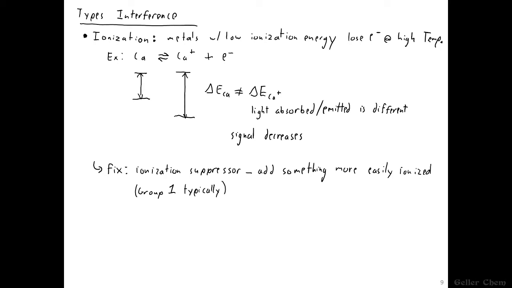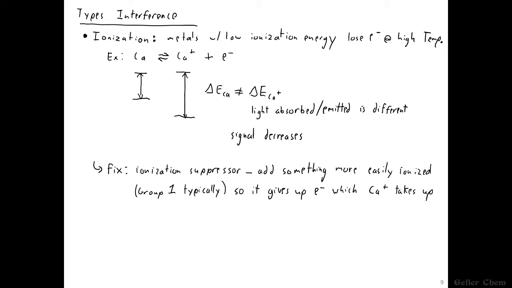Add something more easily ionized so it gives up electrons which Ca+ takes up. In other words, we are suppressing the ionization of calcium by giving it electrons from something else.